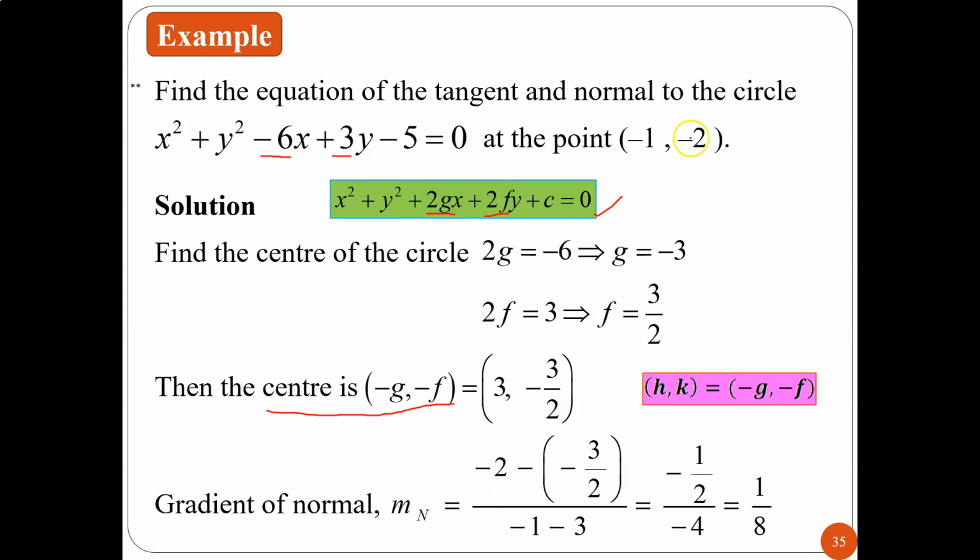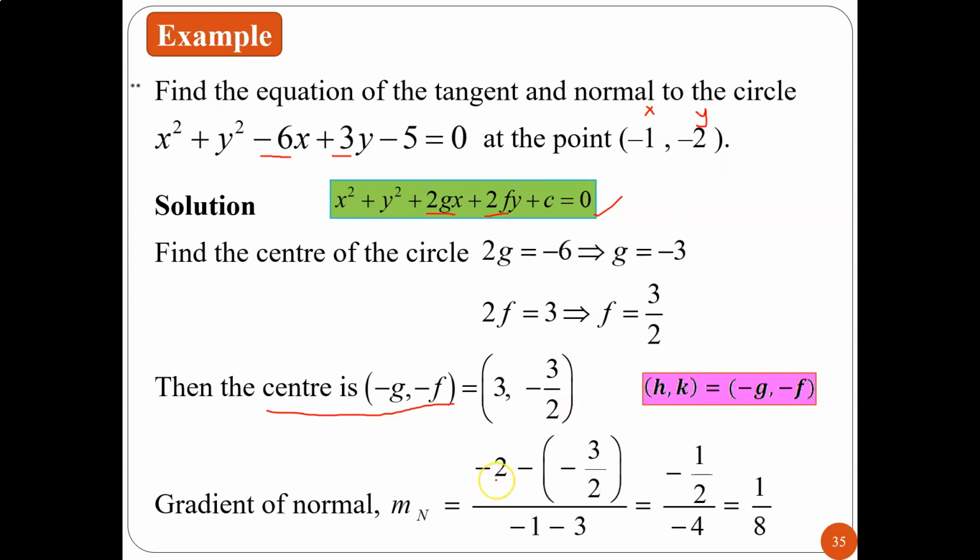This one, -2, right? y2 minus y1, x2 minus x1. This is your x, this is your y.